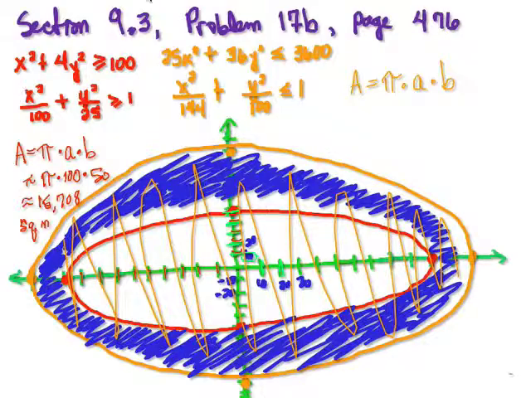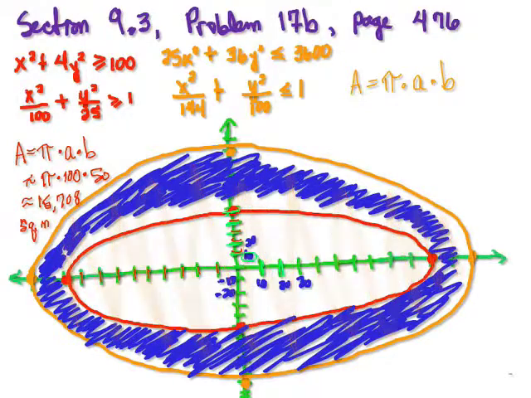It's the area of everything within the orange ellipse there. So it's going to be pi times AB.